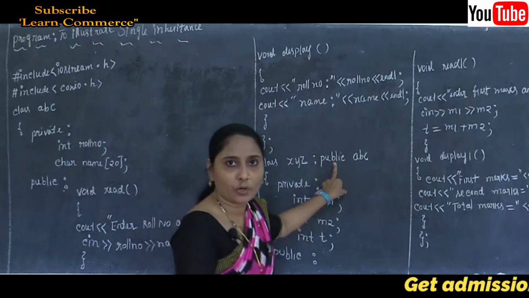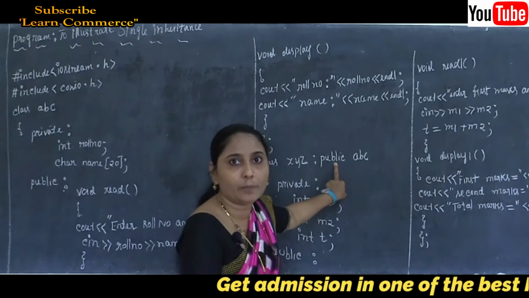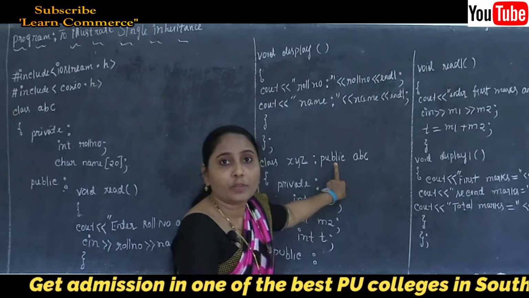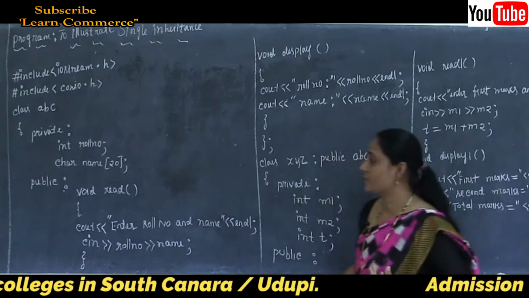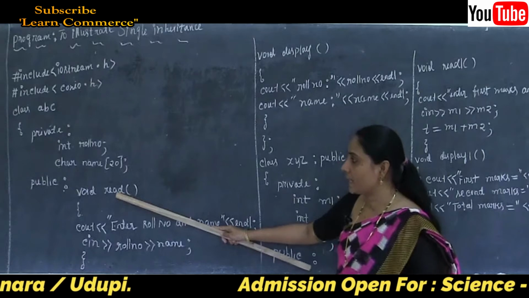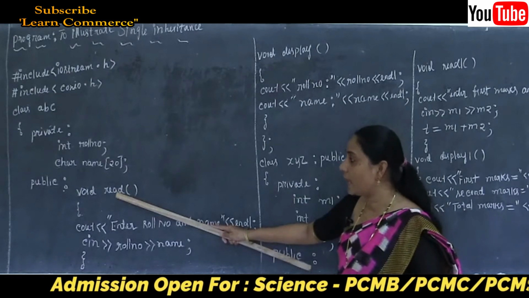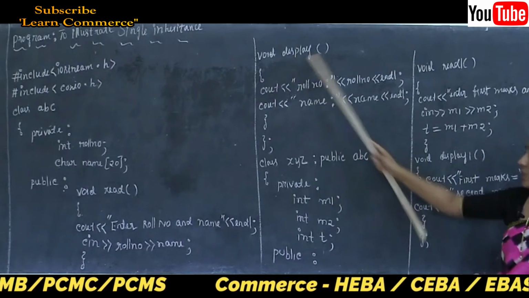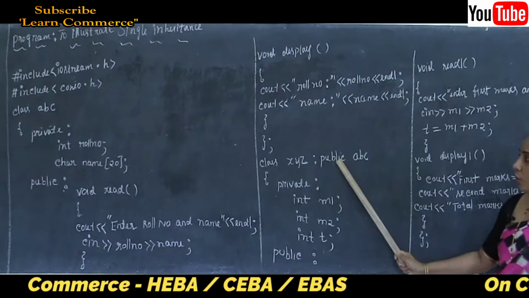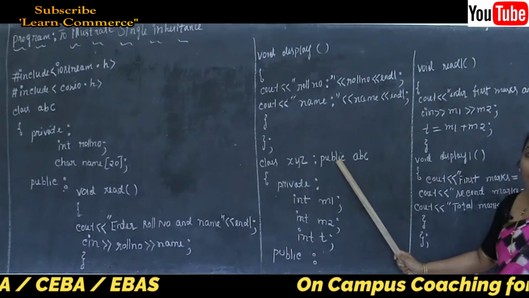In this program also I want to access all the members or features of the base class from the public side. In the public side of the base class, some of the features are one is read and second one is display. Clear this point here. Why? Because the derived class wants to access the features from the public side.